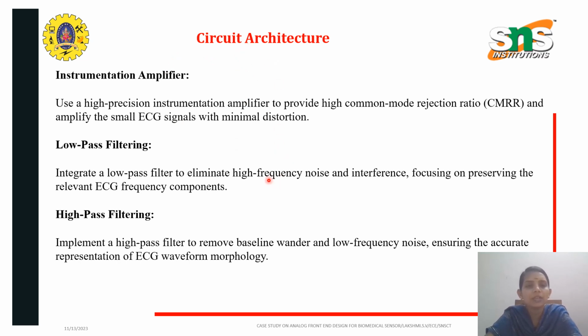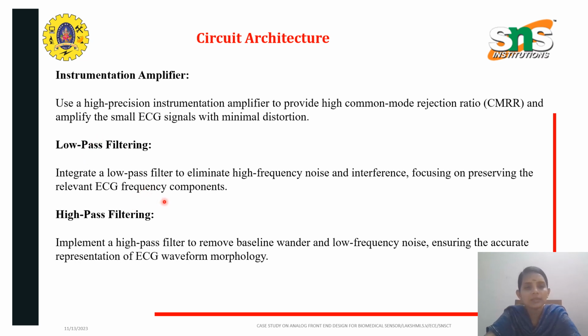So keeping in mind those design considerations, we have to design the circuit in such a way that we use an instrumentation amplifier which has high precision and high common mode rejection ratio. Those design considerations should be kept in mind while designing the amplifier stage. As we have discussed about the CMRR and the precision, we go for an instrumentation amplifier and the low pass filtering.